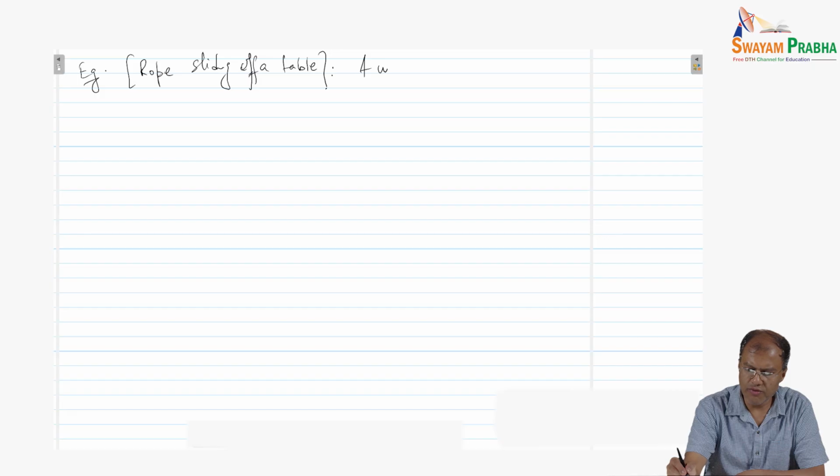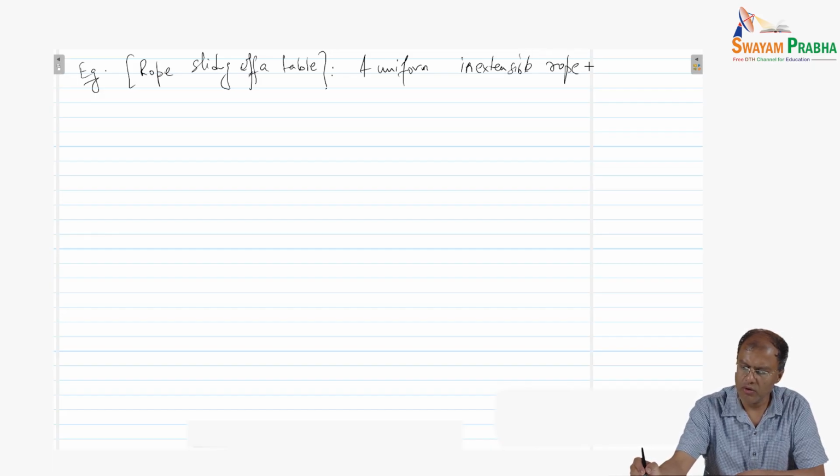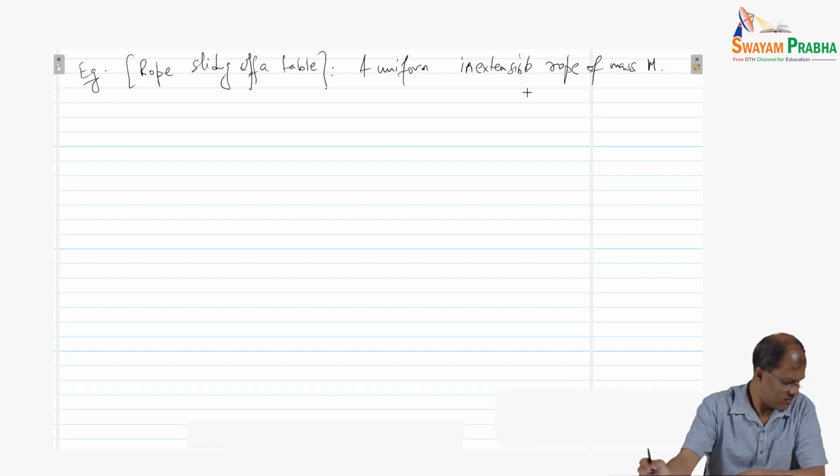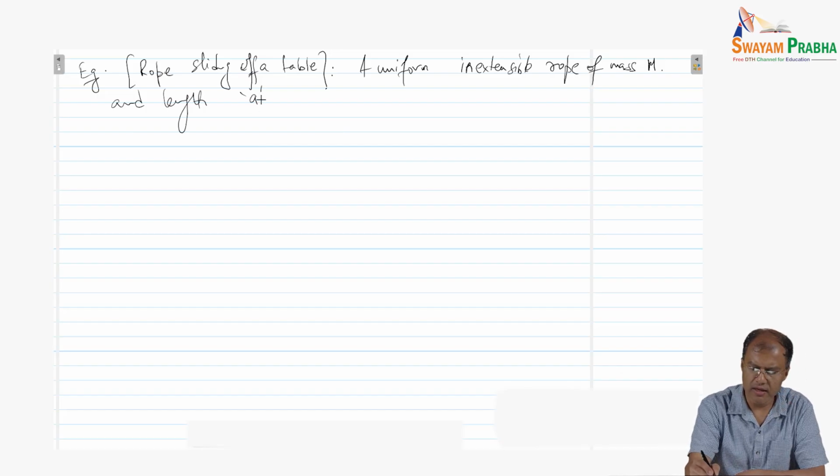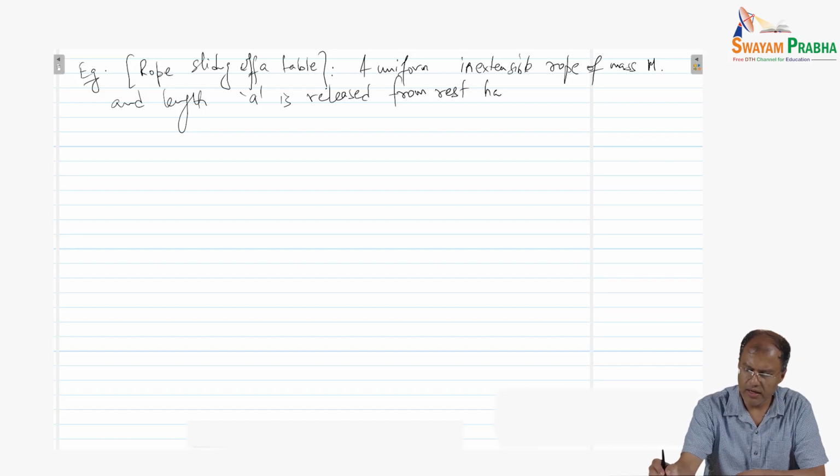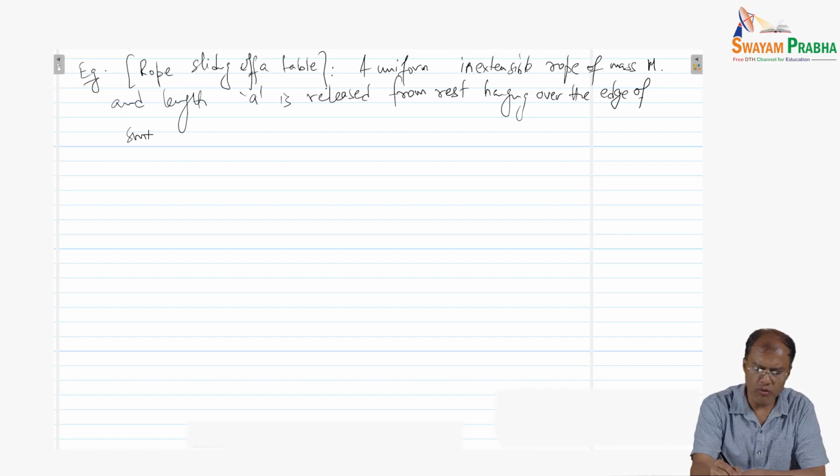Okay, so a uniform inextensible rope of mass m and length a is released from rest, hanging over the edge of the smooth horizontal table, right?